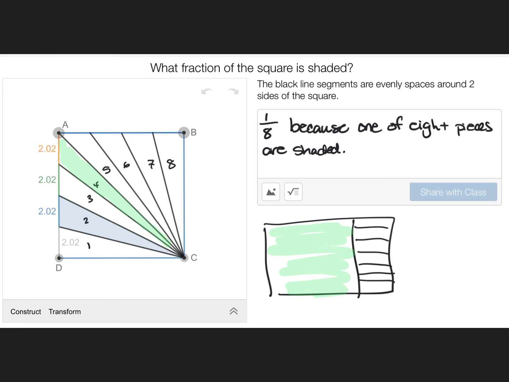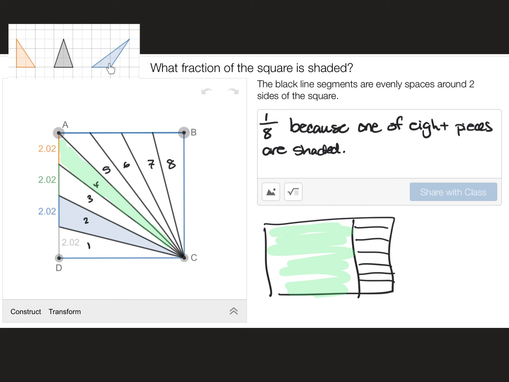Over here, you need to prove that they're equal sized pieces, which you can do if you think of this as the base and this as the height of that green rectangle and this as the base and this as the height of that blue rectangle, kind of like the problem we had before with these 3 rectangles, that these are the same size, they're just different shape, just as these are the same size and they're different shape.